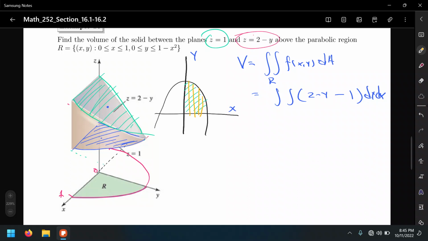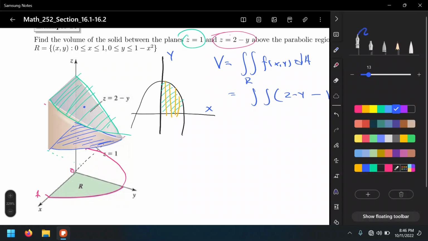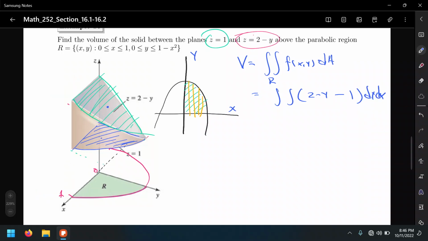And it's also horizontally simple because that parabola is always at the right of the y-axis. But this time we're just looking at vertically simple. So for vertically simple, that's going to be the lower limit, which is 0, the upper limit, which is 1 minus x squared, and the limits are going to go from 0 to 1.